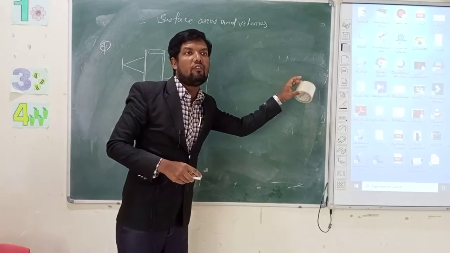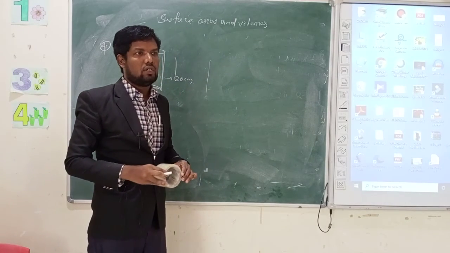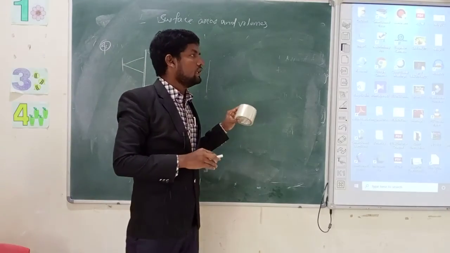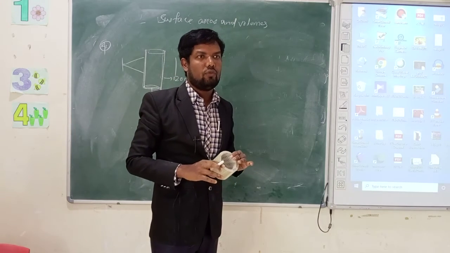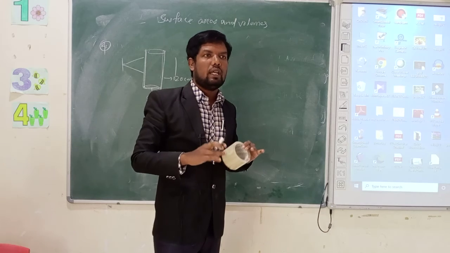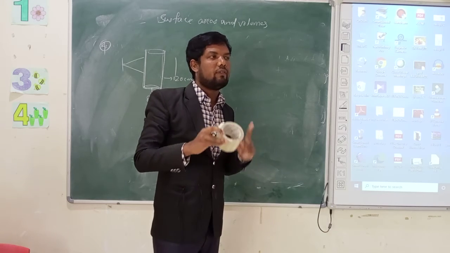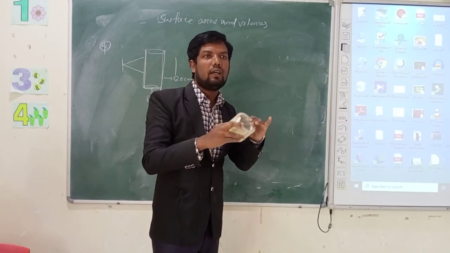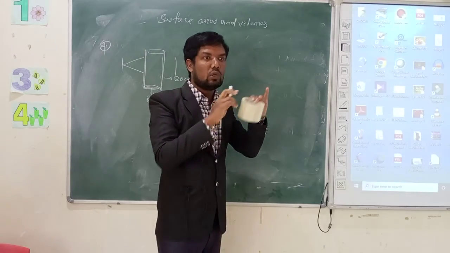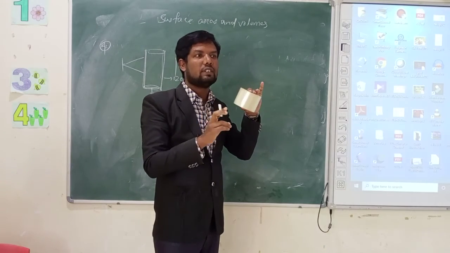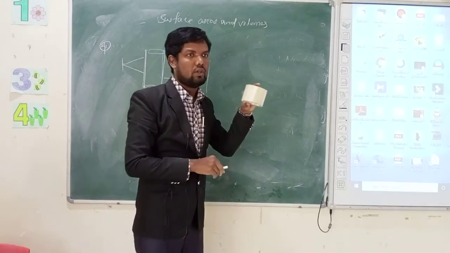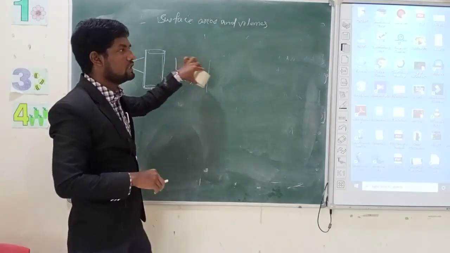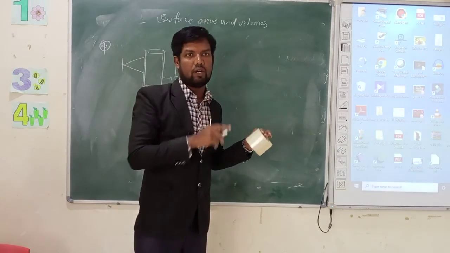If it takes 500 revolutions, how much area is it covering? For that, first we calculate the curved surface area, not the total surface area, of that roller, times 500.